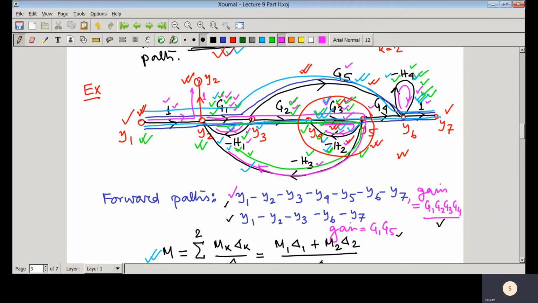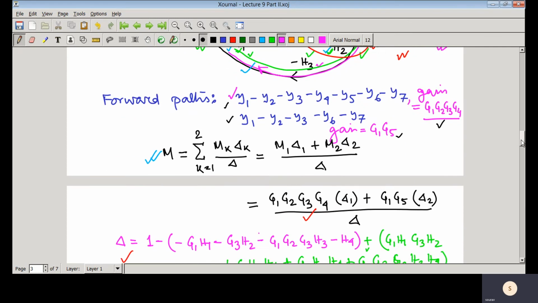Here is another important thing. If you are asked to find the transfer function from y2 to y7, so if I choose any node inside the signal flow graph, suppose I choose this node, and I ask you what is the transfer function from y3 to y7, can you find it using Mason's gain formula?